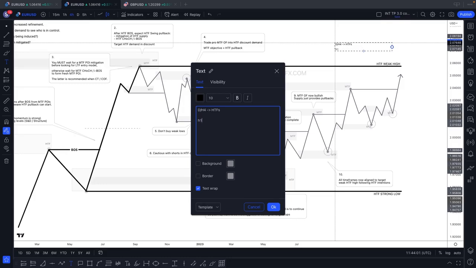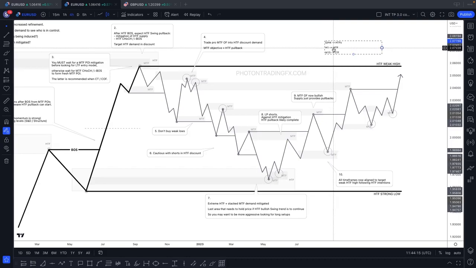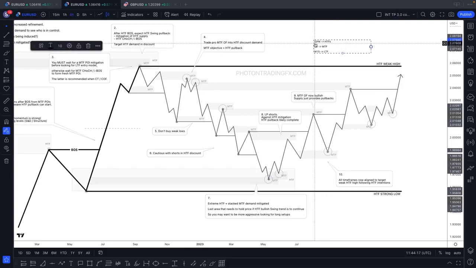I use the H1 as my medium time frame, and I use the M15 as my low time frame. These are the time frames that I currently use: daily and H4 as high time frames, H1 as medium time frame, M15 as low time frame.